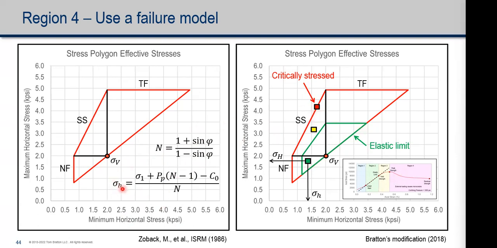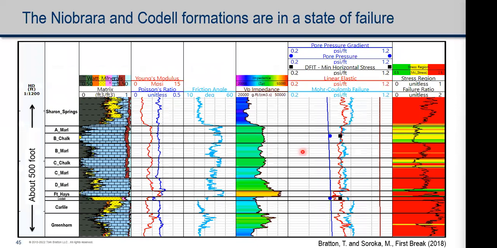Not a linear elastic model, but simply a failure model. And so if your maximum horizontal stress is here and minimum would be here, you're at a state of failure. And of course, there's this region in between, which is region 3, and you need to deal with this one appropriately.